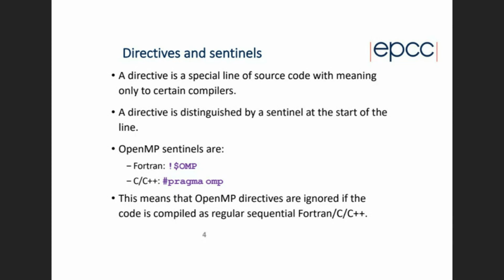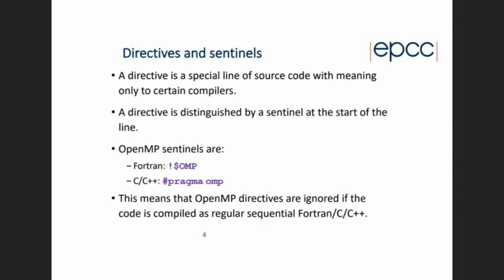And the directive is distinguished by what's called a sentinel at the start of the line. That's just a special sequence of characters which indicates that this is an OpenMP directive and is not a statement or line in the underlying base language.